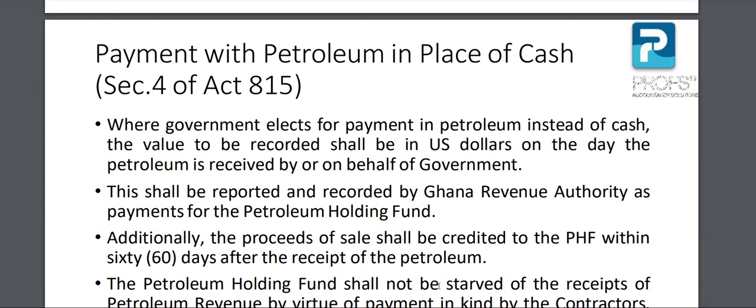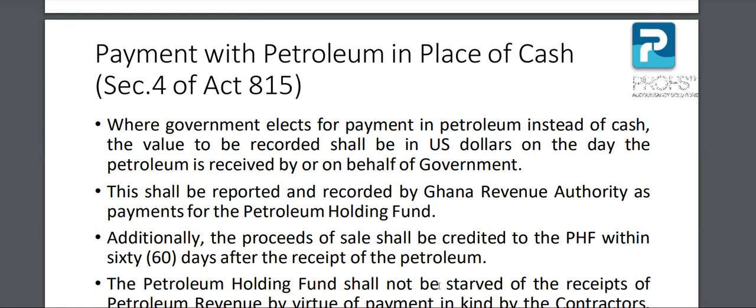So in an instance where government wants it in terms of cash, it means that they would need to take a look at the value of that barrel on that specific day that the government is receiving the oil in US dollars. And this would be reported or recorded by the Ghana Revenue Authority as payment for the Petroleum Holding Fund.